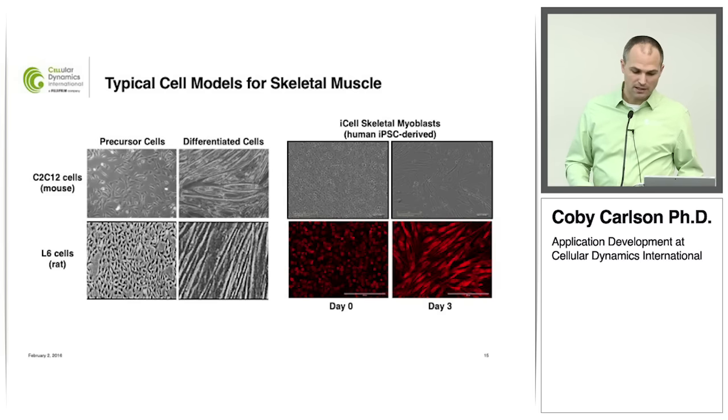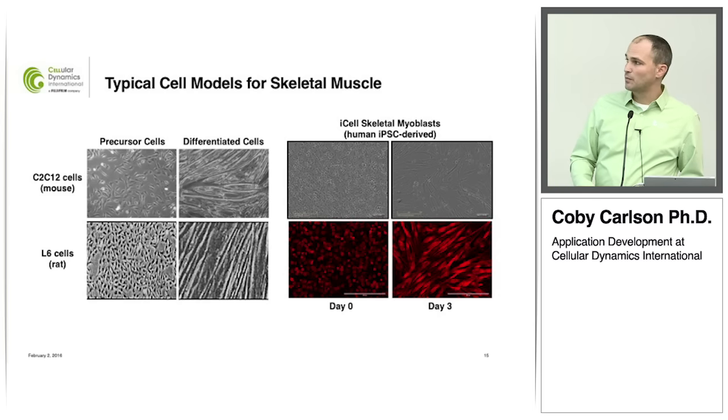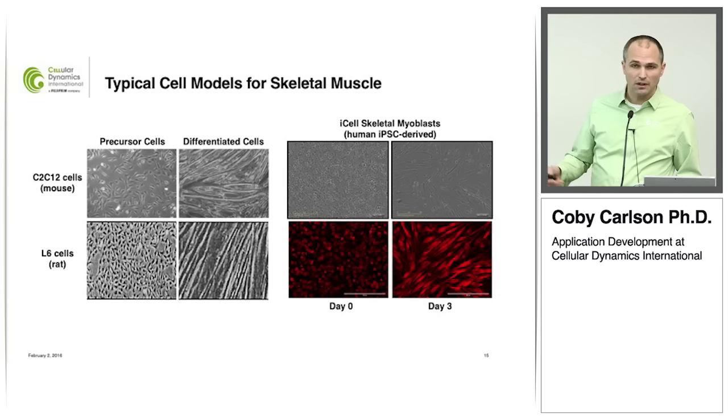And so, of course, getting into the idea of disease relevance and human relevance, we generated iPSC-derived skeletal myoblasts, which overcome a lot of these hurdles in getting from myoblast to myotubes in a short time window, 3 days, with very consistent and high-efficiency differentiation to the myotubes.